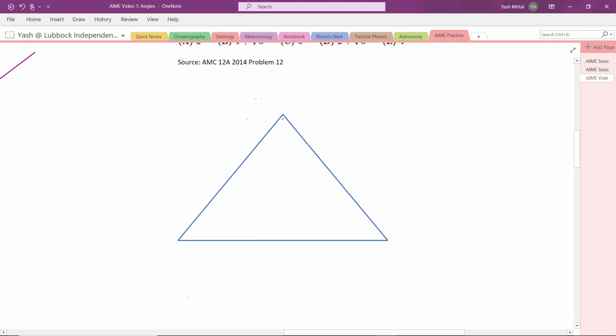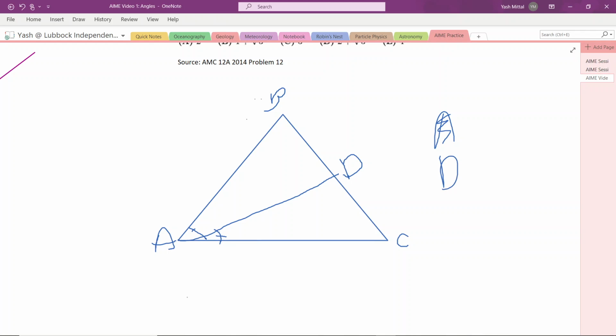Let's say we have an angle bisector right here. This is a really bad angle bisector, I'm sorry. Let's call this triangle A, B, C, and we have AD as our angle bisector. We can show that DC over AC is equal to BD over AB.